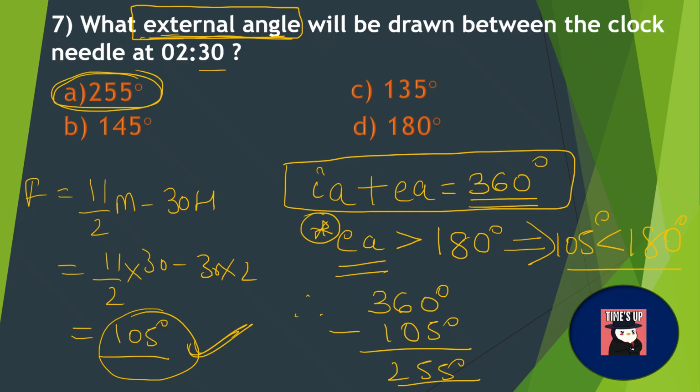If they ask external angle, once you solve it by the formula, whatever angle comes, if it is greater than 180 degree, then that will be the answer. But if that degree is less than 180 degree, then you need to subtract it from 360 degree. This you need to remember.